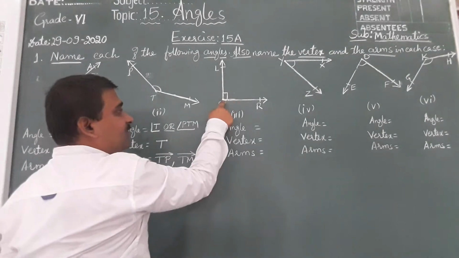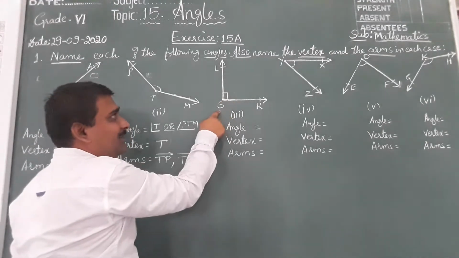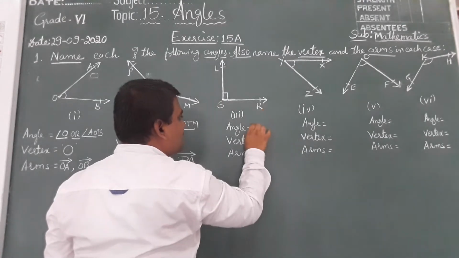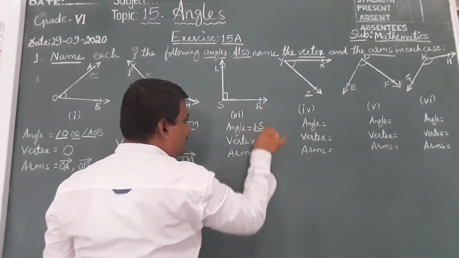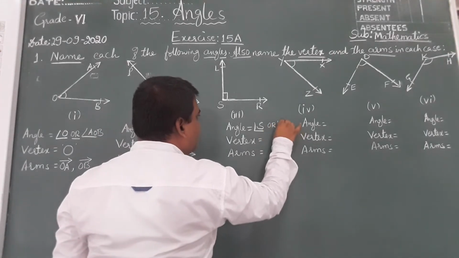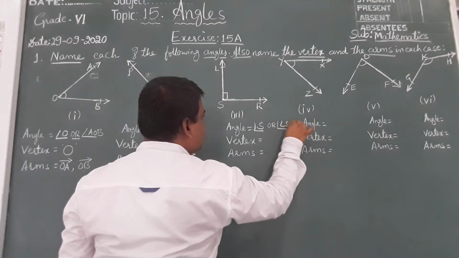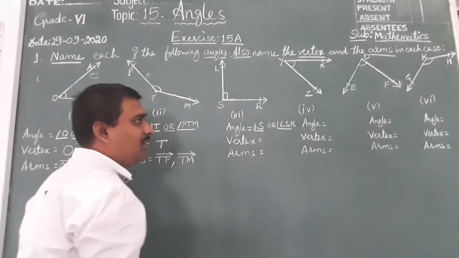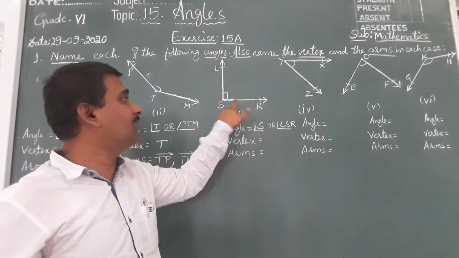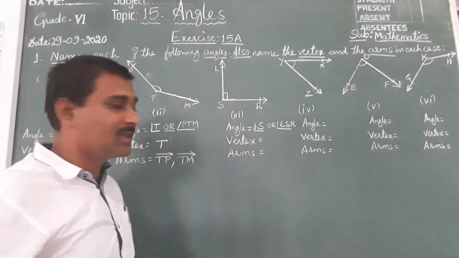Here angle is formed at S. LSR. Angle is formed at S. You can write angle S, or you can write angle LSR. S should be in the middle. Or you can write angle RSL.